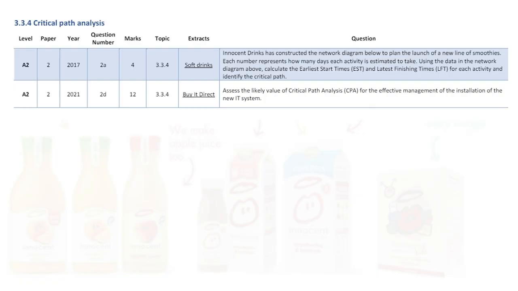So here are the exam questions, and we can see we've got a 4 marker and a 12 marker. This one looks quite scary because there's so many words, but actually in between there is a partially completed CPA diagram. So I think this highlights the importance of making sure that you read the entire case study, including the text that comes before and after, possibly a graphical data extract like we see here.